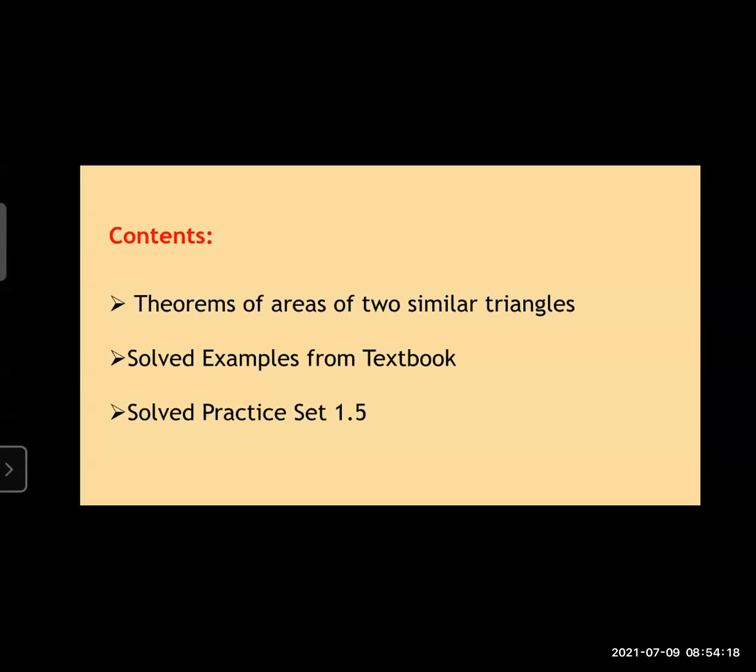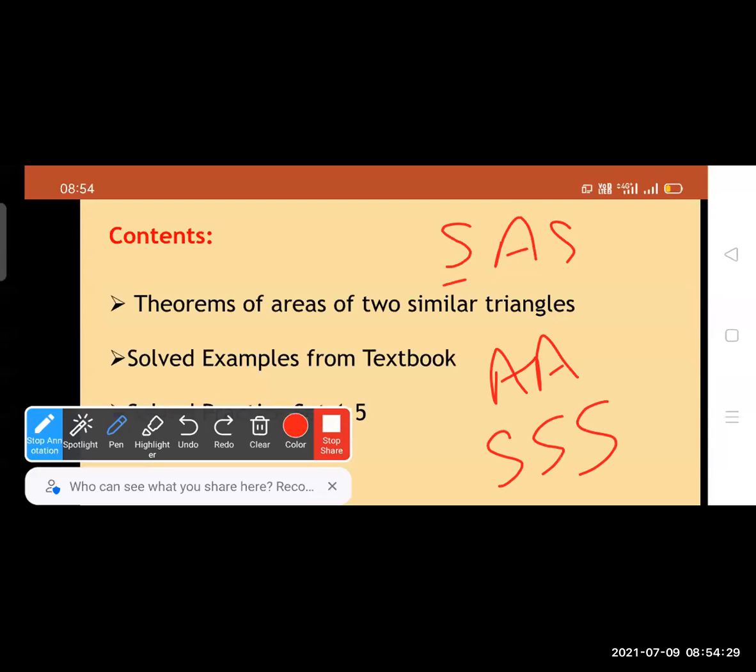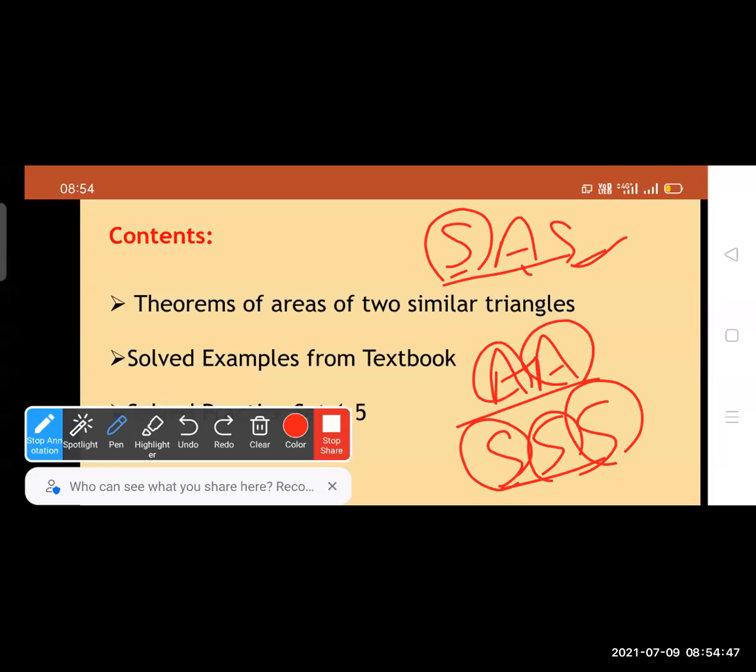Yesterday we learned the topics like SAS, AA, SSS. SSS means if all sides are in proportion, then we say that the two given triangles are similar. SAS means two sides are in proportion and one angle, and AA means two angles are congruent.